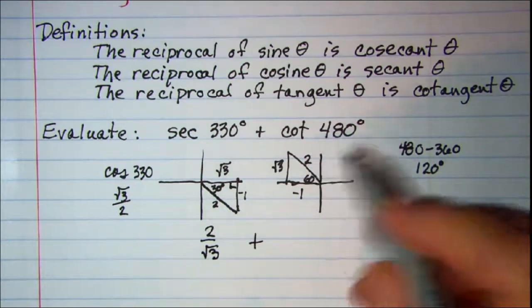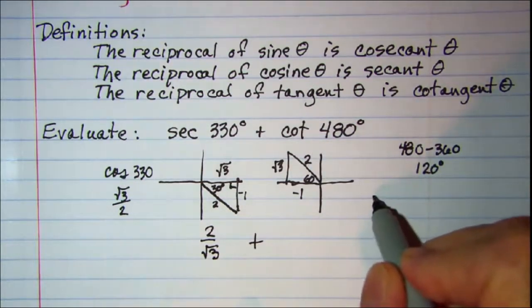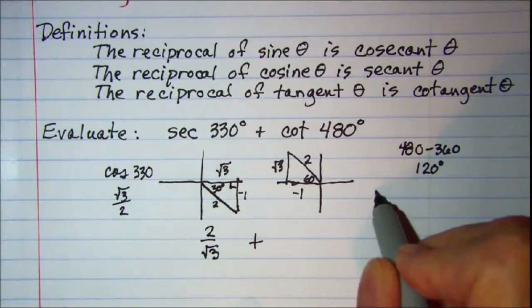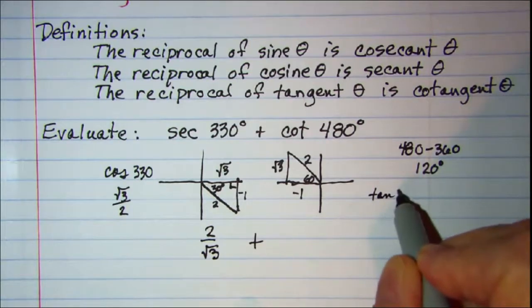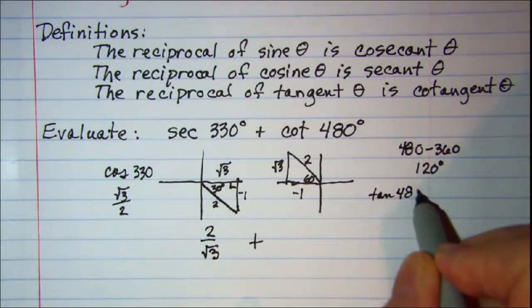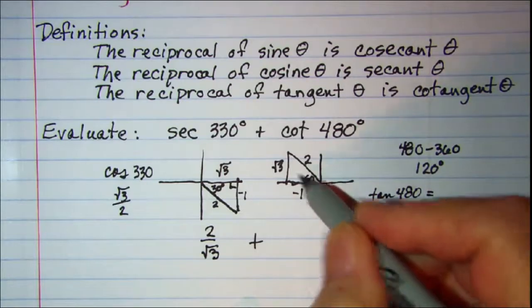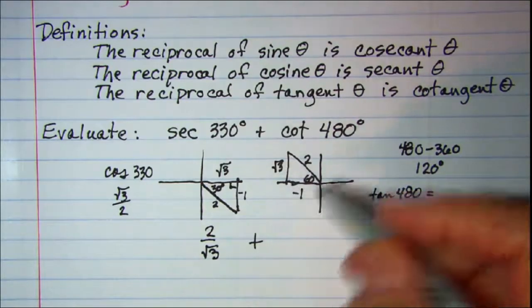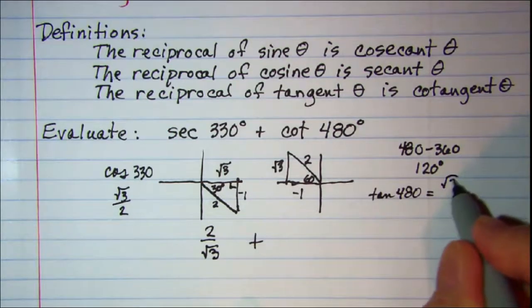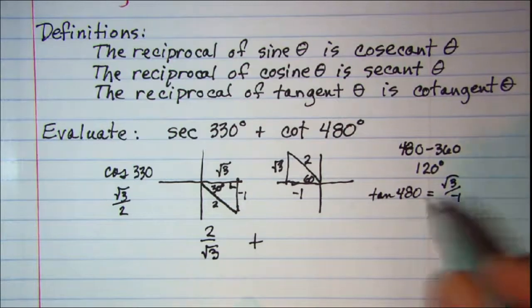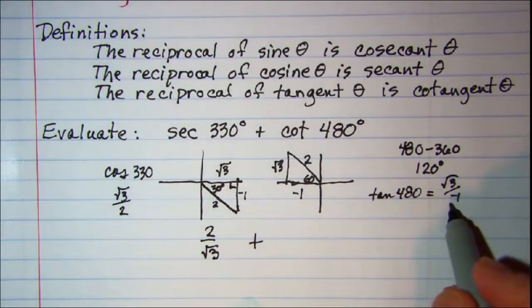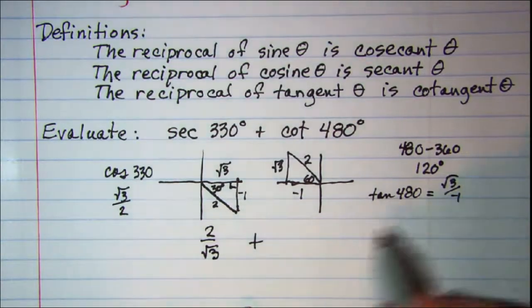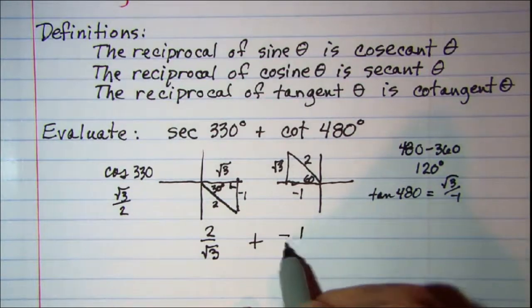On this one, the cotangent is the reciprocal of tangent. So our tangent of that angle is opposite over adjacent, which is root 3 over -1. So if we turn this upside down, the reciprocal, we would have a -1 over root 3.